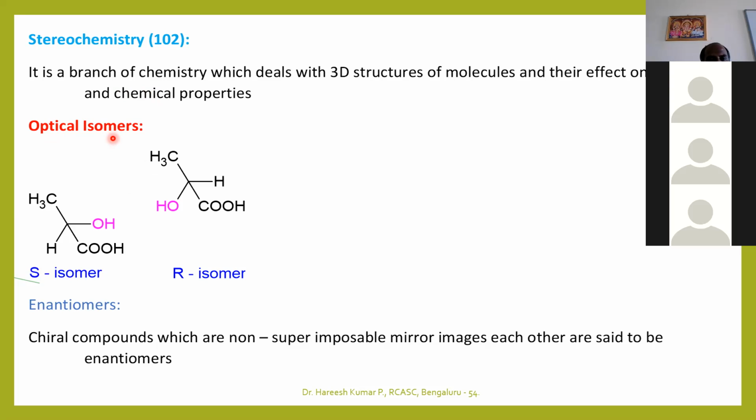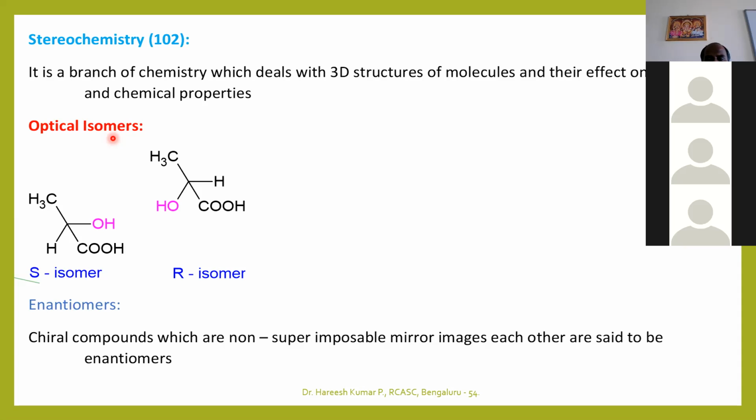So what are optical isomers? Before going to optical isomers, you should know about optical activity. If you want to know about optical activity, you should be aware of plane polarized light. Ordinary light consists of electric field and magnetic field in all directions, perpendicular to each other.